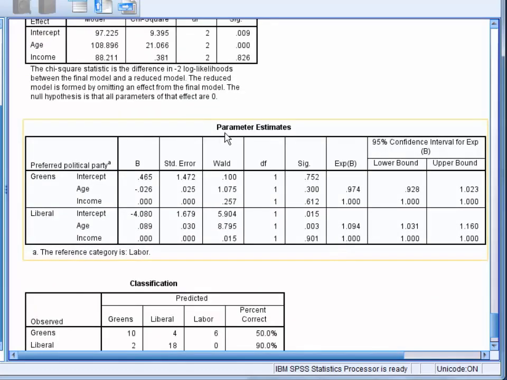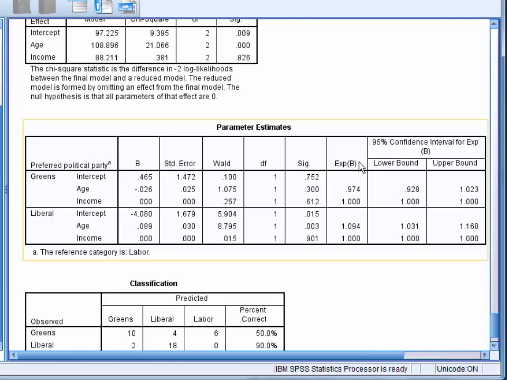Next, we look at the table of parameter estimates. We want to look at the Exp(B) column for each of the significant predictors. This is what's called the odds ratio, and it represents the change in probability of the reference category of our outcome variable occurring. In this case, the change in the probability of individuals voting for the Labour Party.